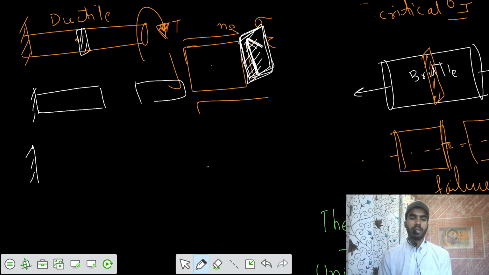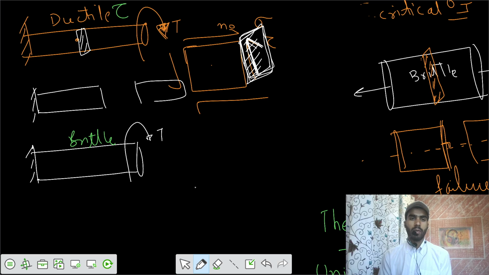But if the material is brittle, we know ductile is weak in shear, and brittle is weak in tension. From the shear stress plane, your maximum normal stress plane would be at an angle of 45.